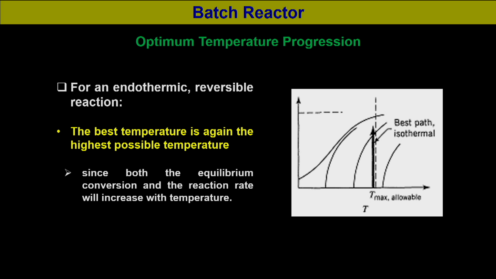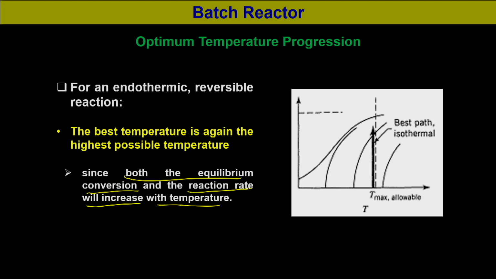Since both the equilibrium conversion and the reaction rate increase with temperature, the maximum allowable temperature would be the optimum temperature for an endothermic reversible reaction.